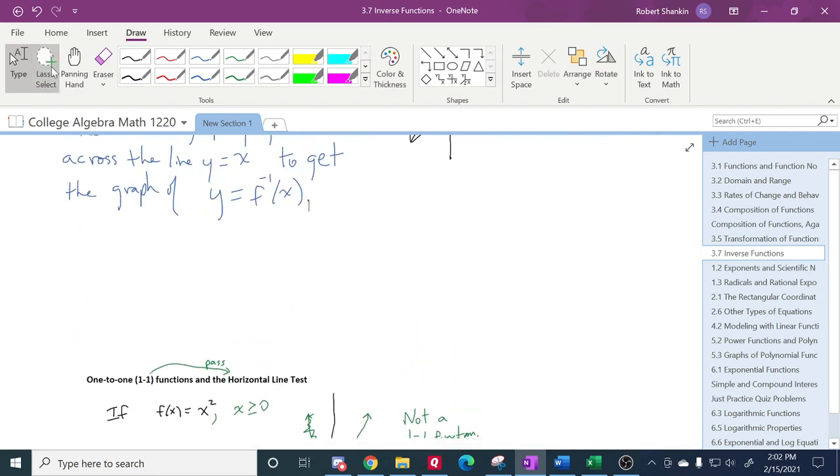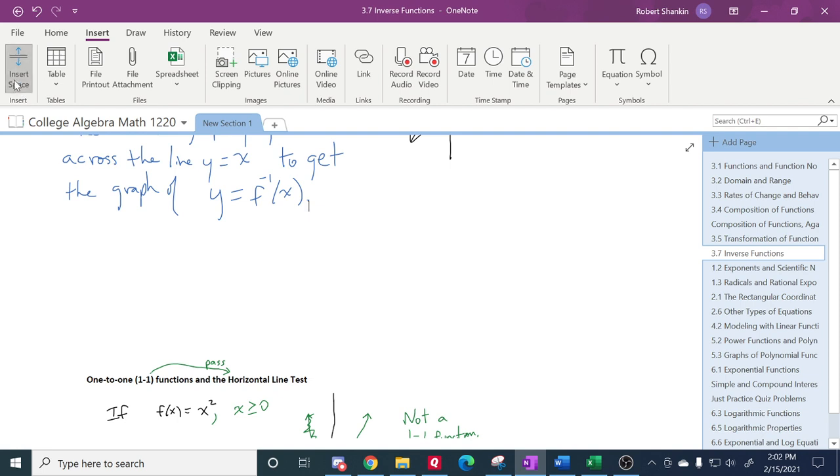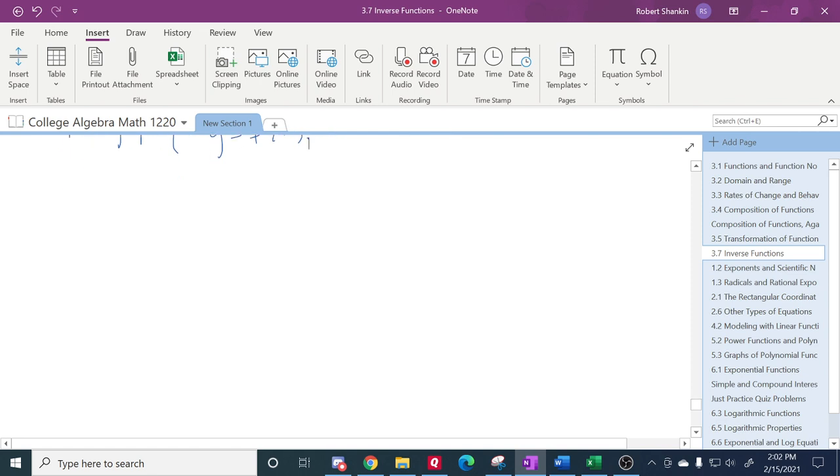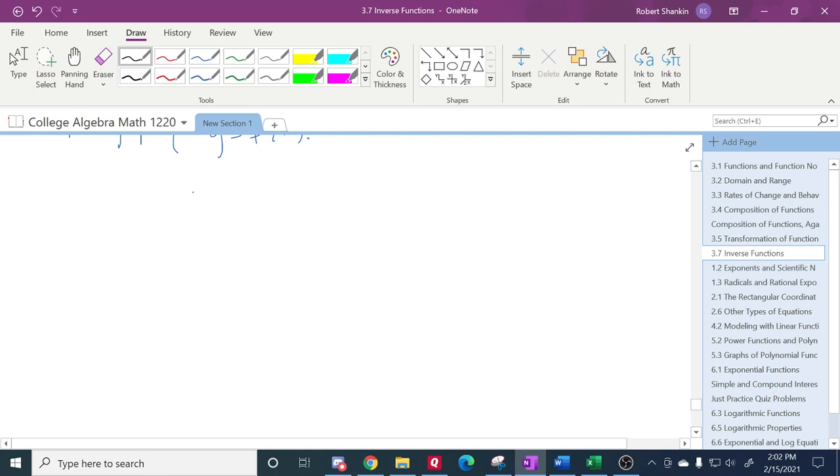Thus, if I have, now remember they're going to reflect across this line y equals x. Let me take a function that goes like this.